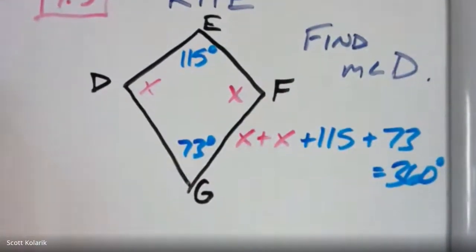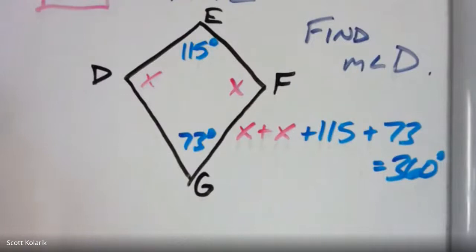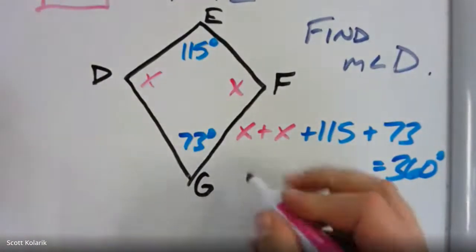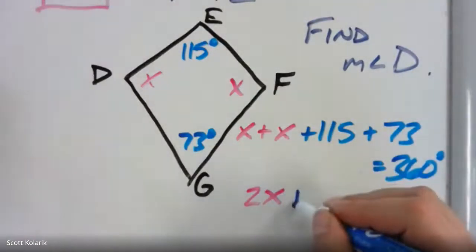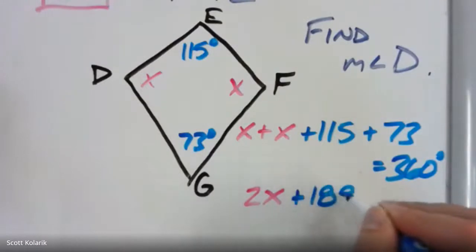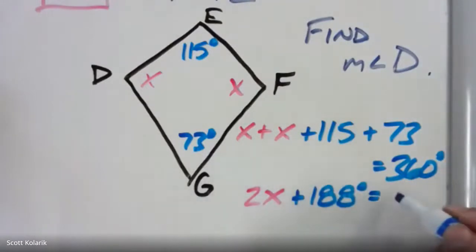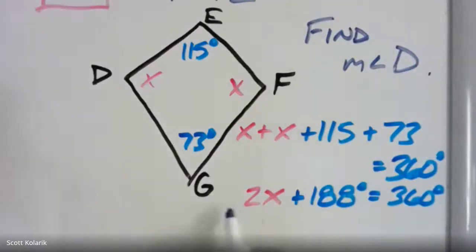So in this problem, that's what I'm going to be looking at. All right, just like before, I combine like terms. So X plus X gives me 2X. 115 plus 73 gives me 188 degrees. And this is still equal to 360 degrees, right?